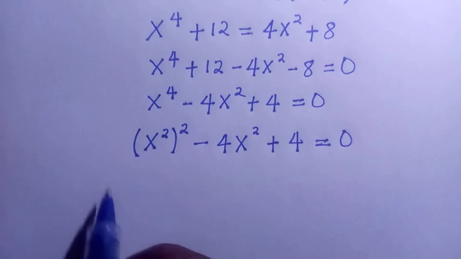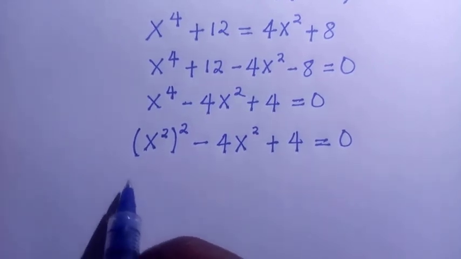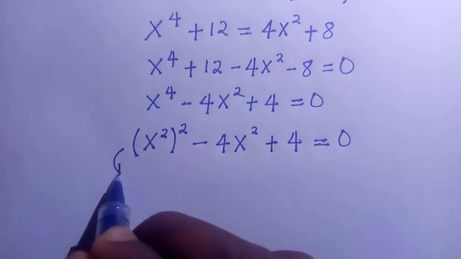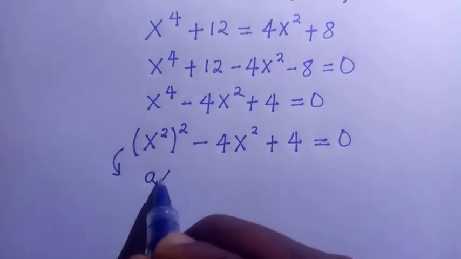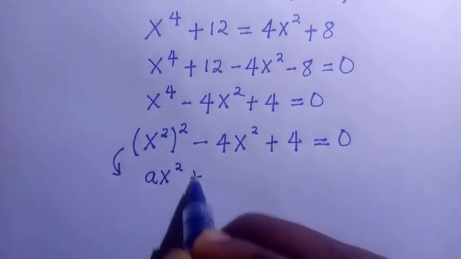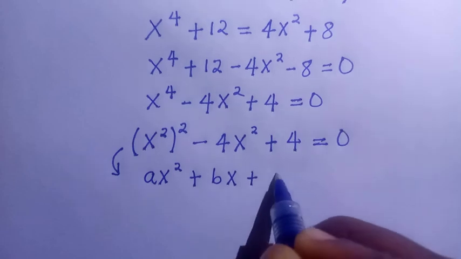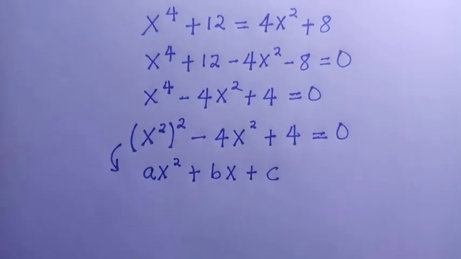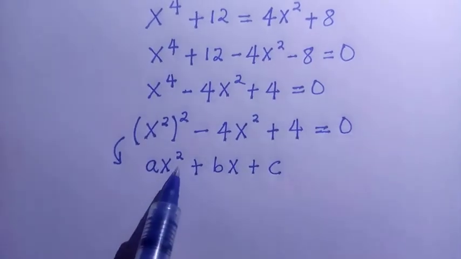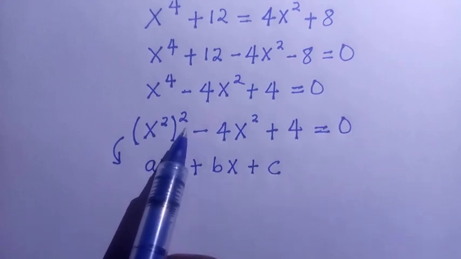So having this x to the power of 2, by considering the property of quadratic equation, when we have this kind of result, we are going to compare it with ax squared plus bx plus c. Then instead of this one, which is x squared, we know this one is taking x to the power of 4.